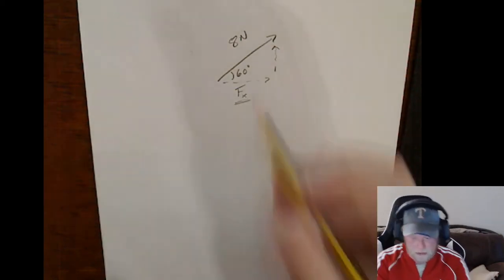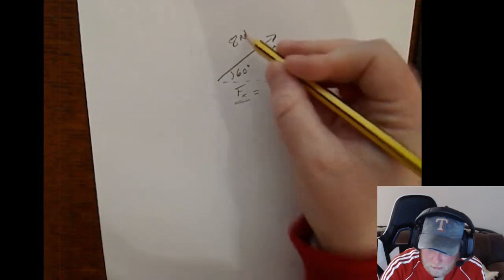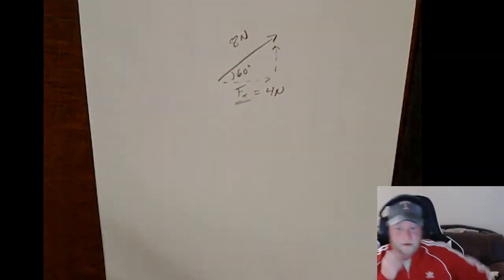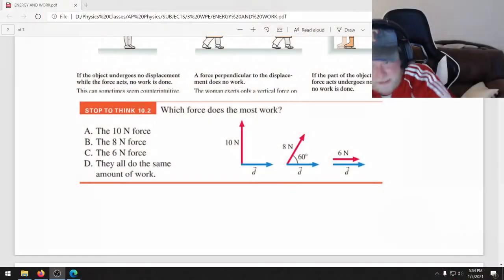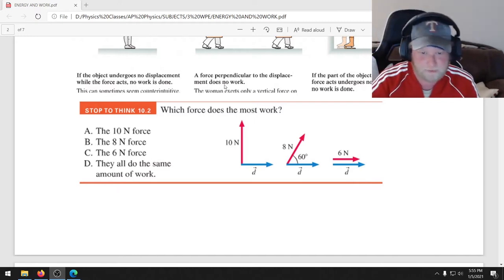So only this component does work on that object. And so this component would be 8 times the cosine of 60, which gives you 4. Now that last scenario, you've got a 6 Newton force that exists fully within the horizontal dimension, right? So if we were to rank these, and we'll call this 1, 2, 3, it'd be 3 is greater than 2 is greater than 1.